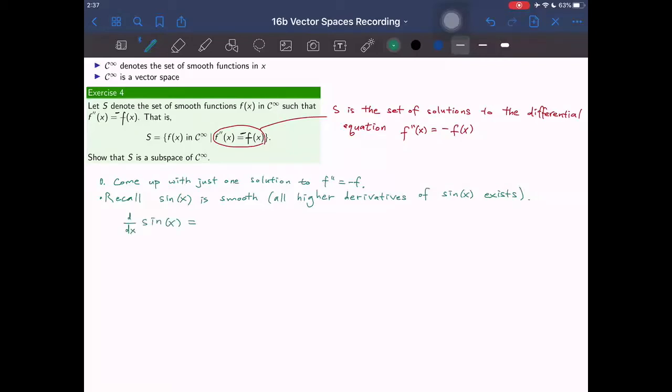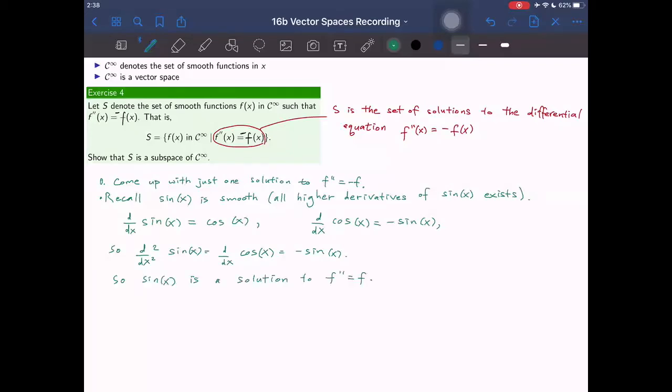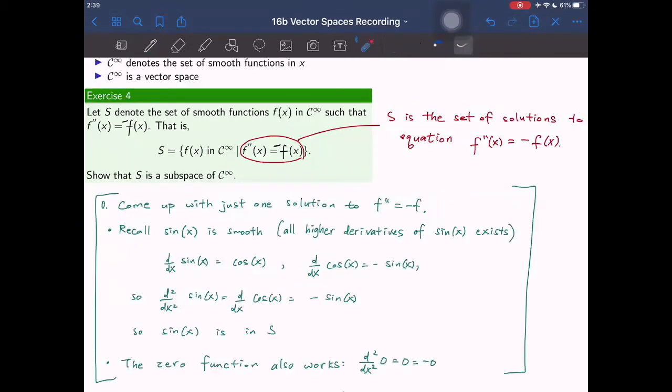The first derivative of sine of x is cosine of x, and the first derivative of cosine of x is negative sine of x. So the second derivative of sine of x is the first derivative of cosine of x, which is equal to negative sine of x. So sine of x is a solution to this differential equation. So sine of x is in our subset S. The zero function also works because the second derivative is just 0, which is equal to negative 0.